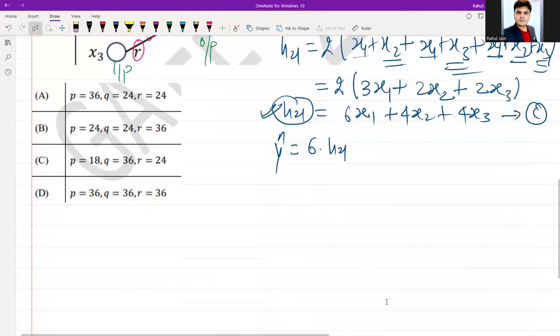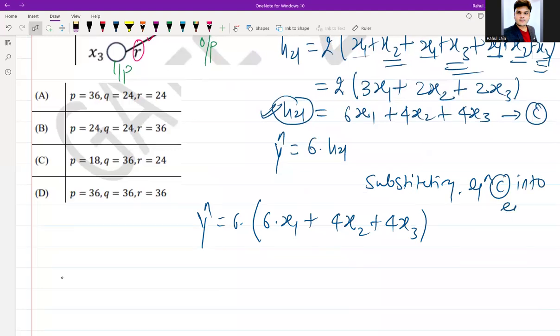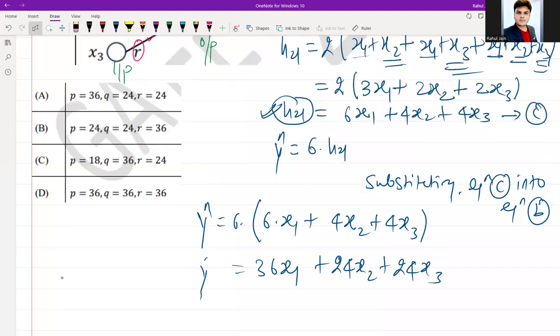So it would look like this: y hat equal to 6 into 6 into x1 plus 4 into x2 plus 4 into x3, that is substituting equation C into equation B. So I am going to get 36x1 plus 24x2 plus 24x3, that is the equation of y hat.